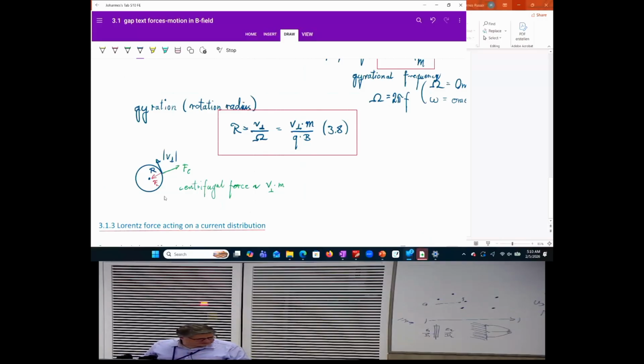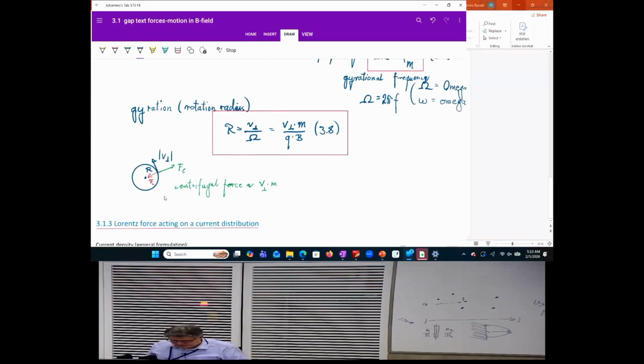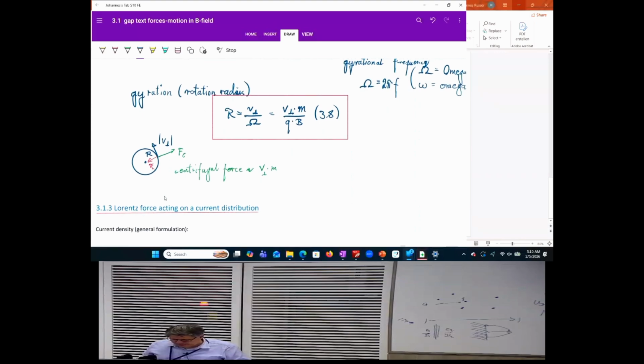So that would be your velocity. And that is the reasoning why the radius prescribed by this gyrational motion is given by dividing the perpendicular velocity component through this gyrational frequency.